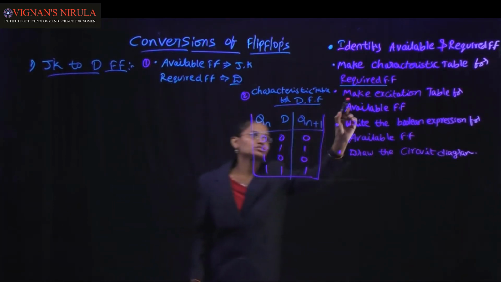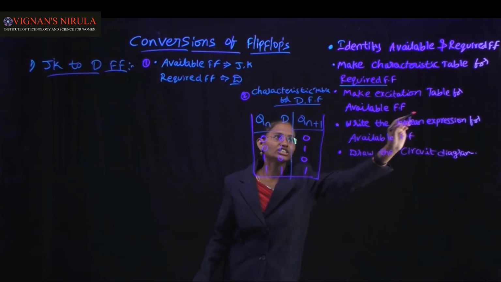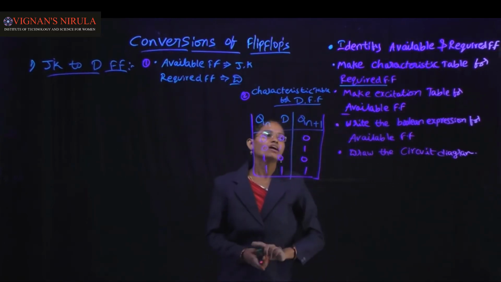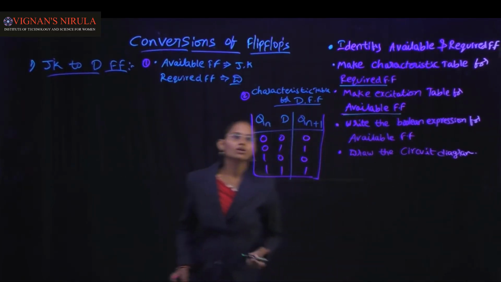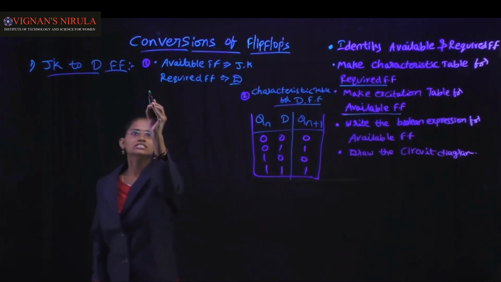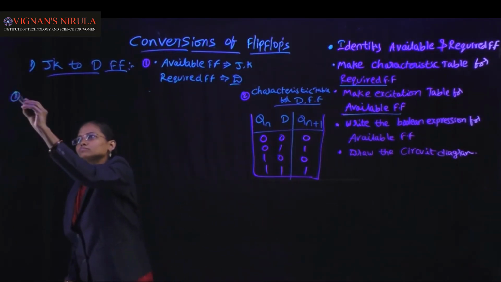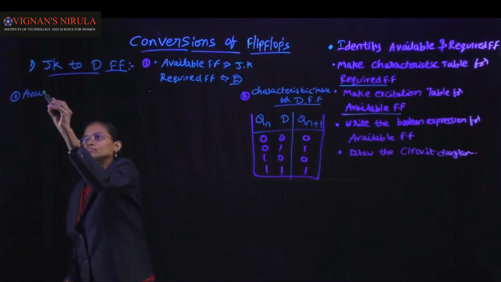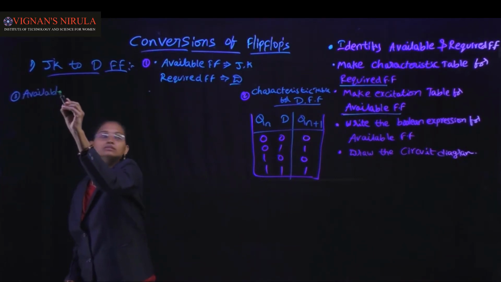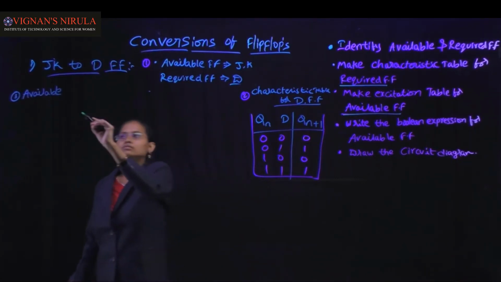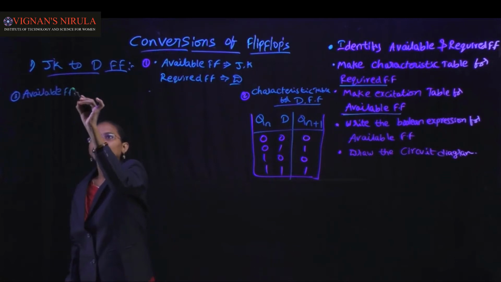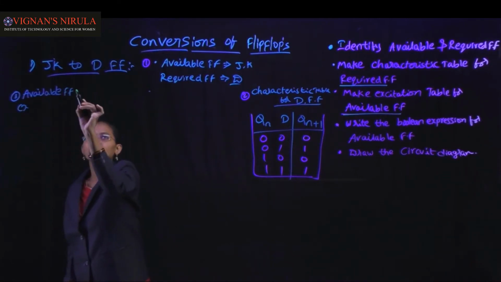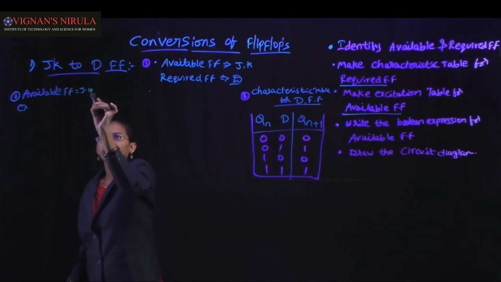And what is the third step? Make the excitation table for available flip-flop. Okay, and next write down the third step. Here available flip-flop is JK.